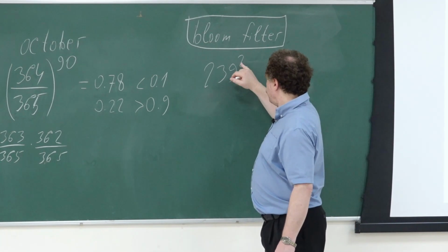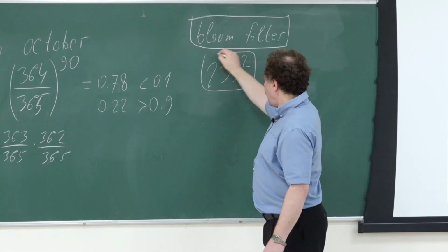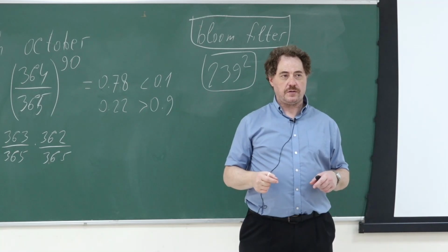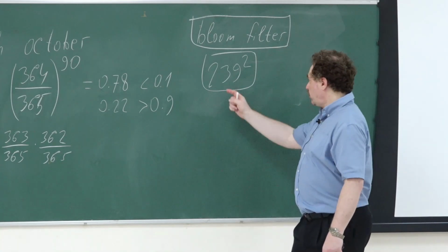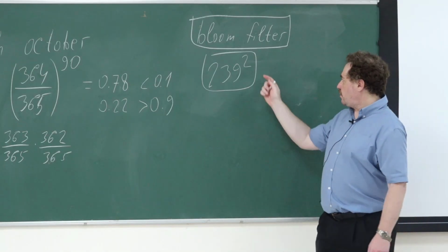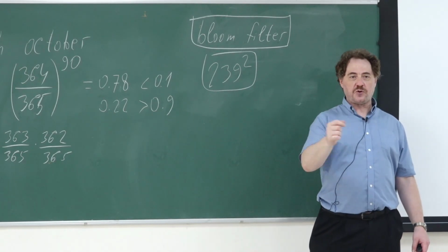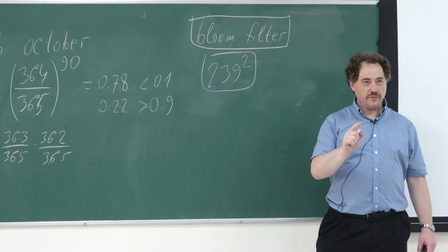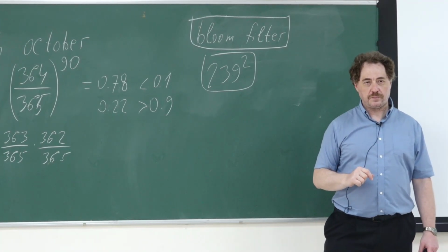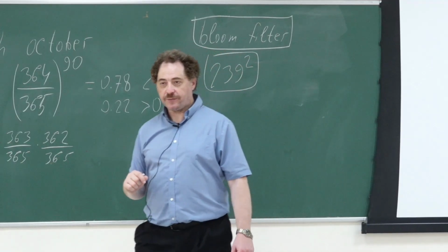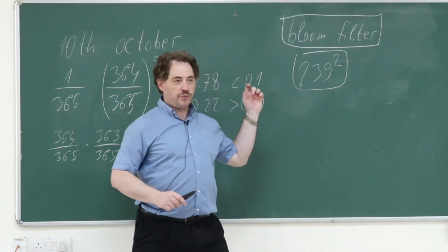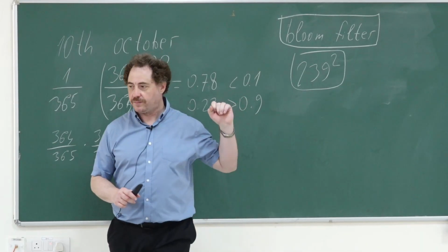If I give you that value and ask you for the factors, I'm not saying it's a square of some number, I'm saying it's a product of two numbers, give me those numbers, you would not be able to find them easily. So that's a one-way function. Easy to compute in one direction, difficult to compute in the other direction.